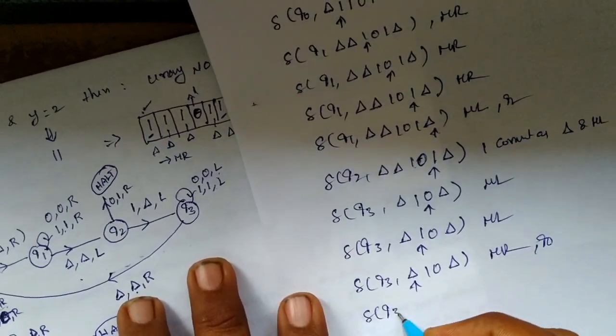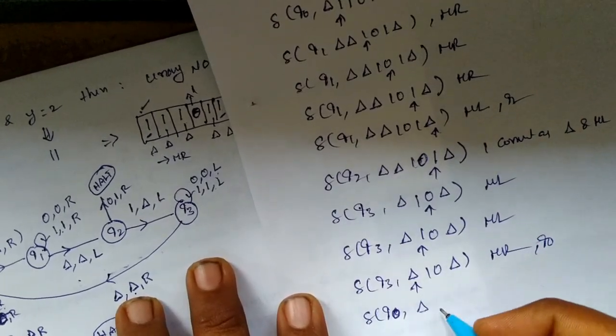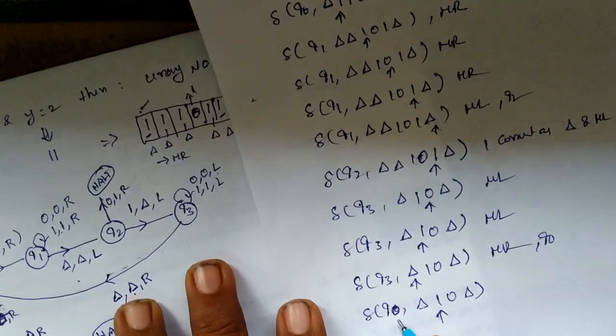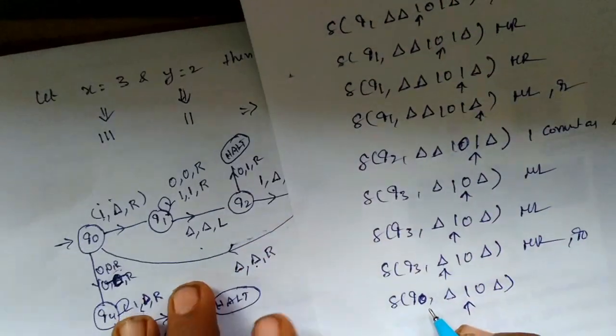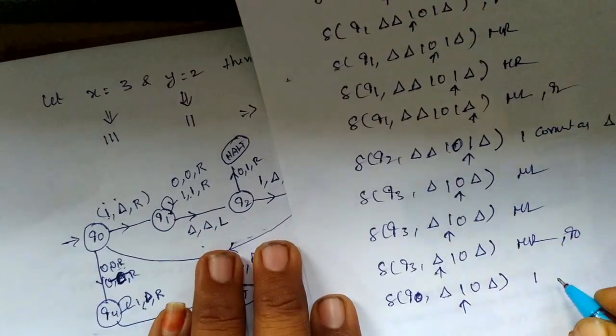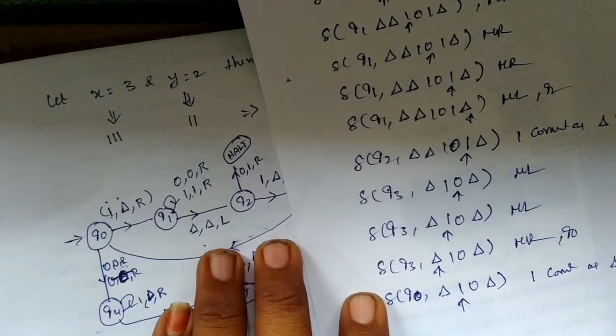So del of Q0, comma, del 1 0 del. The current state is Q0, the input is 1, so 1 is converted as del and move right.